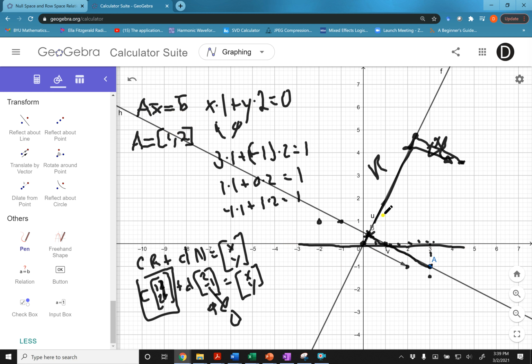And the dimension of the row space and the dimension of the column space are always the same. So since the row space is just a line in R2, the column space is just going to be a line. So yeah, if the row space was a plane, the column space will be a plane.